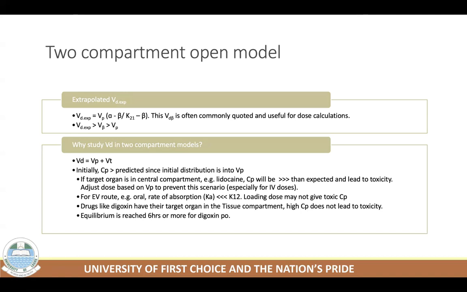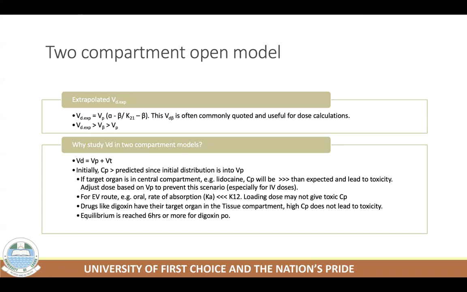Okay, so this is important. Adjusting the loading dose of a drug based on apparent volume of plasma may be considered necessary for drugs with receptors in the central compartment. This is required when the route of administration is intravenous.